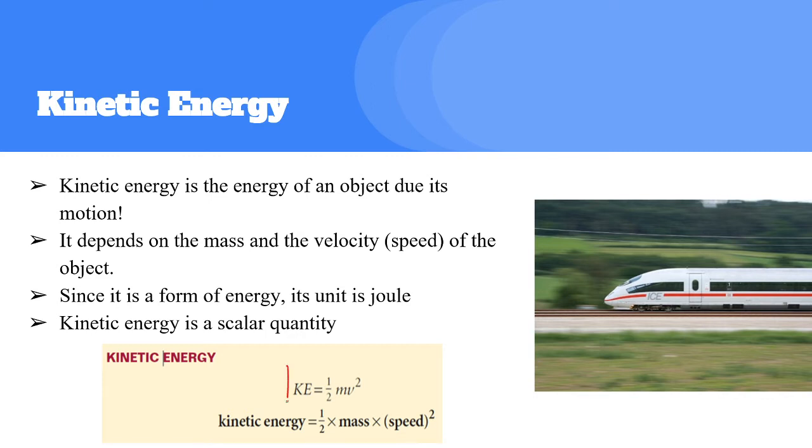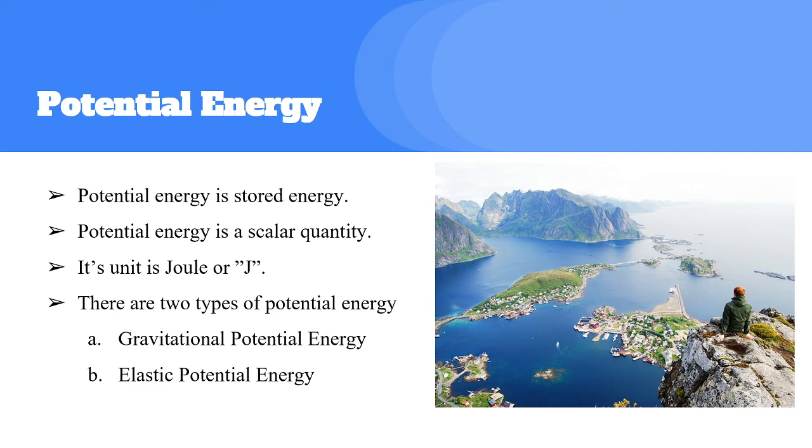But how do we calculate the kinetic energy? It's 1/2 mv squared. So you just multiply the mass and the square of the velocity of the object, and that's how you calculate the kinetic energy. And potential energy is stored energy, and it depends on two things. You can have gravitational or elastic potential energy.